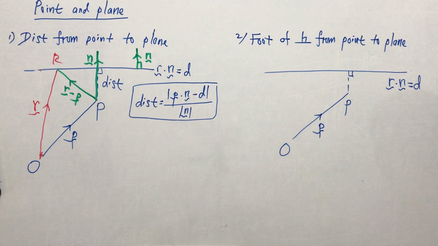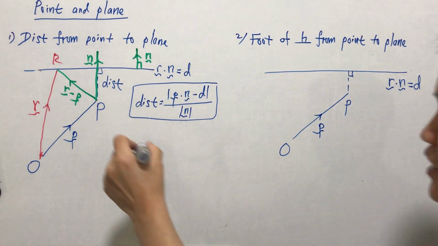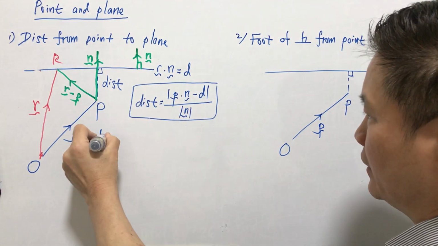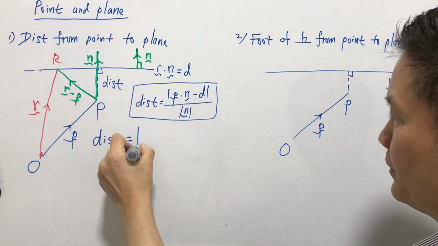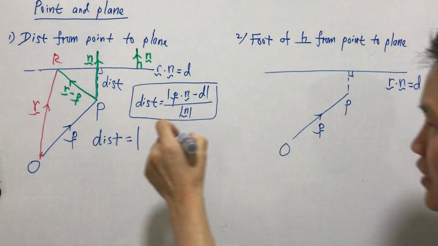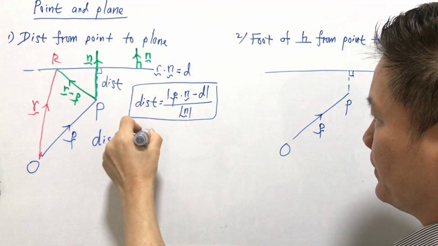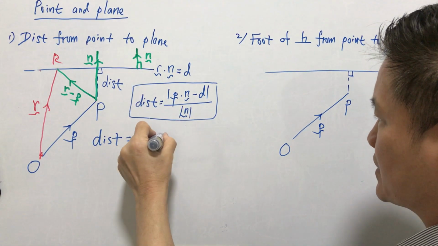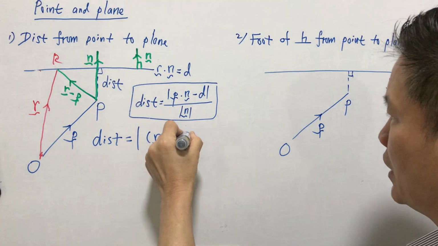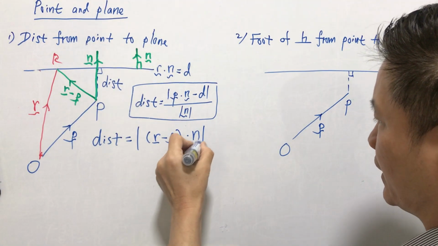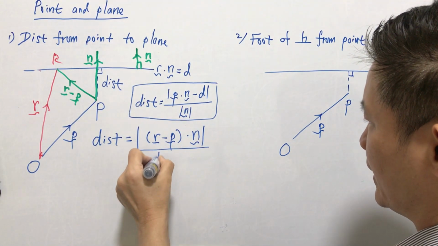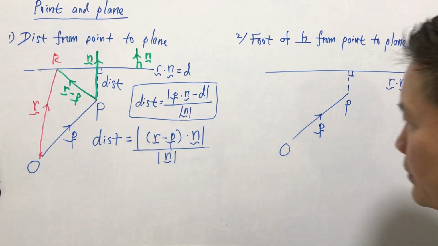And if you recall, to find the length of projection of one vector onto another, it was given in earlier notes. You just take this vector r minus p dot with n hat. But instead of writing n hat, I'm going to write n divided by its modulus.